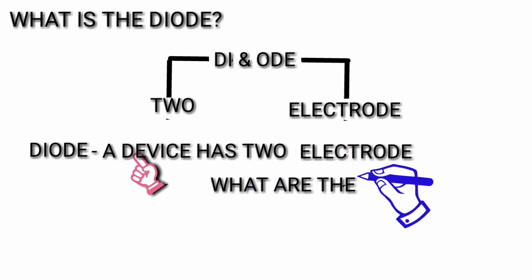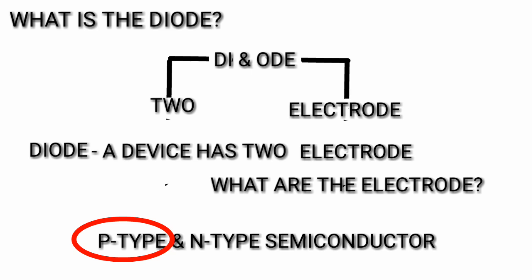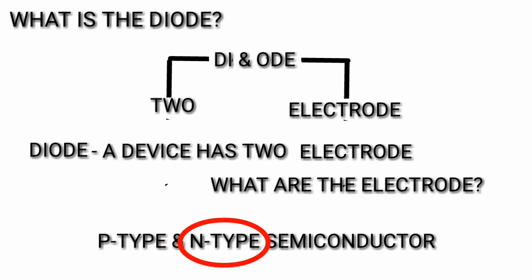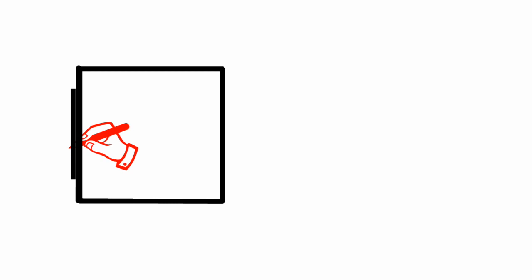What are the electrodes of the diode? The first electrode is connected to the P-type silicon semiconductor, and the other one is connected to the N-type semiconductor. So let's begin with P-type.